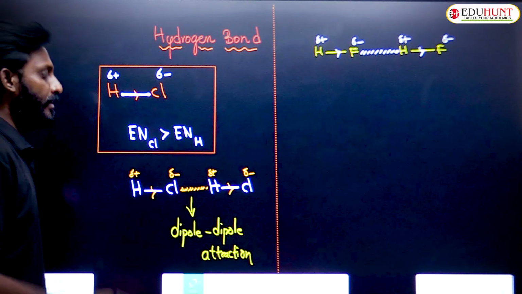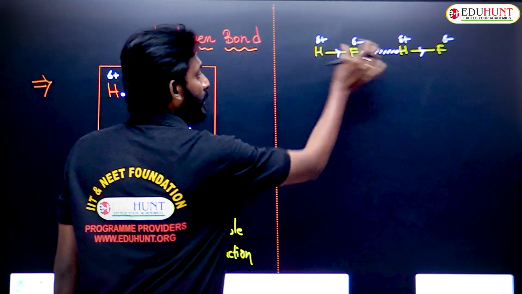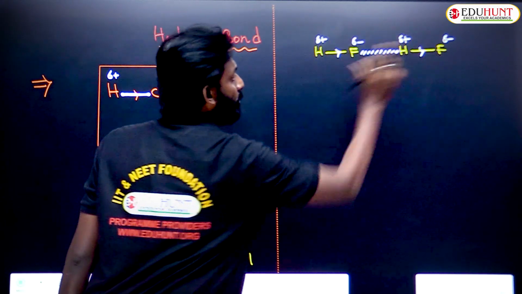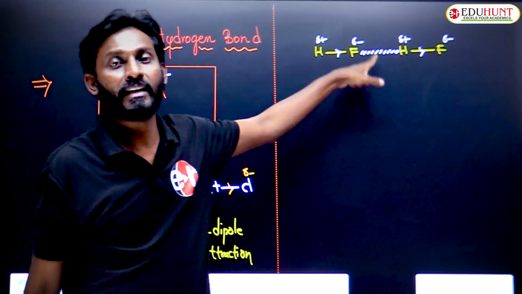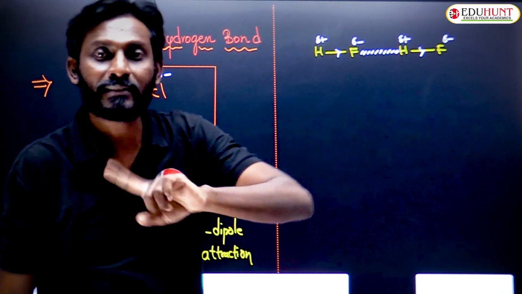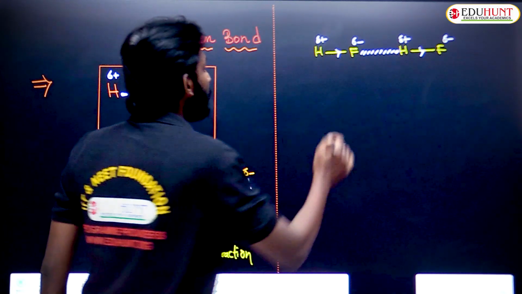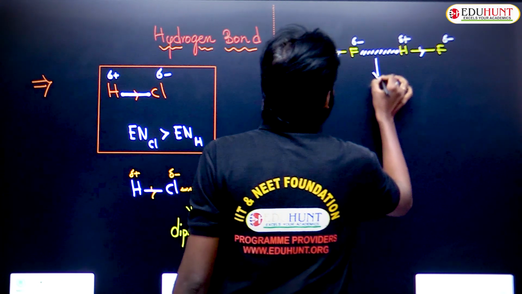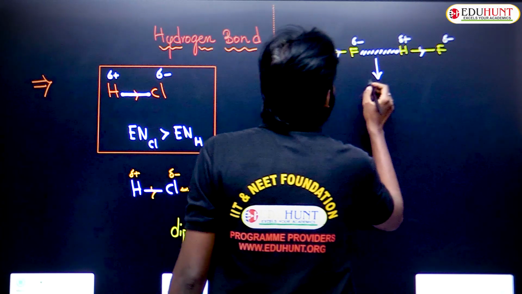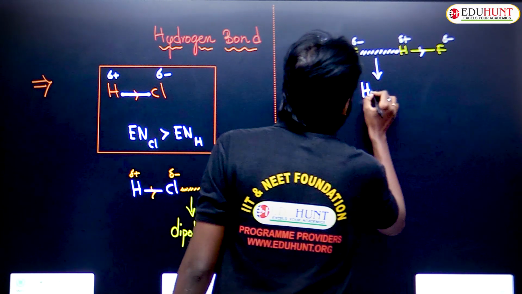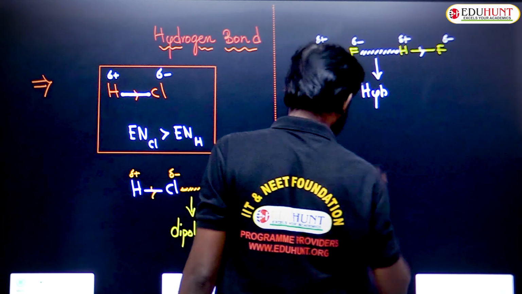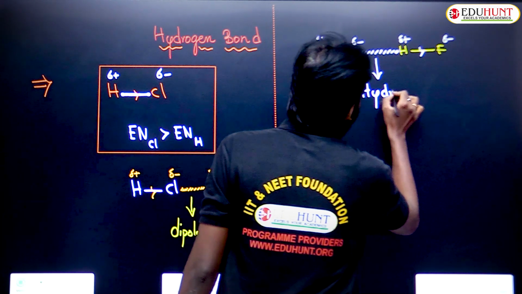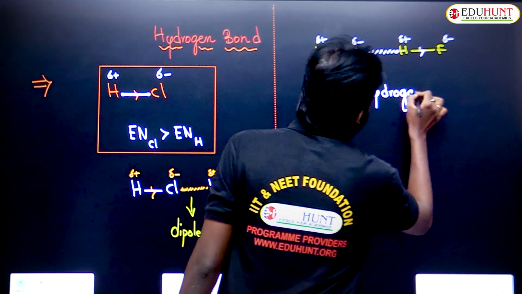So that's why here there is a dipole, but the attractive power here is not called a dipole attraction. This attraction is otherwise called hydrogen bond. This attraction is called hydrogen bond.